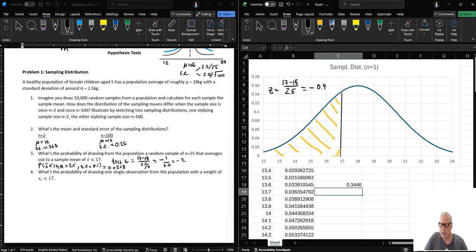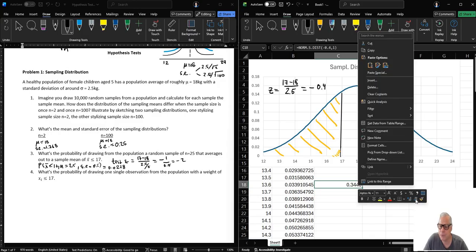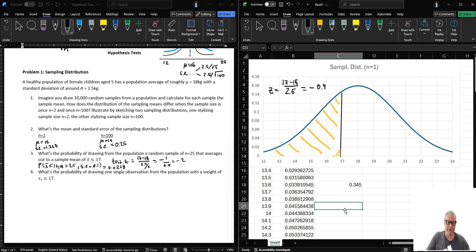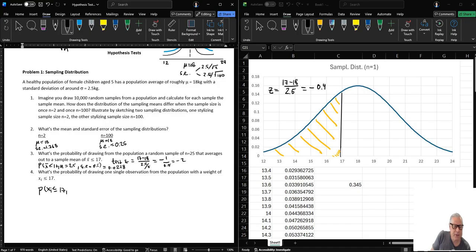And now we get an area of roughly 34.5%. So the probability of drawing an xi which is less than 17 from a population with mean 18 and a population standard deviation, not a standard error, of 2.5, that is equal to 0.345.